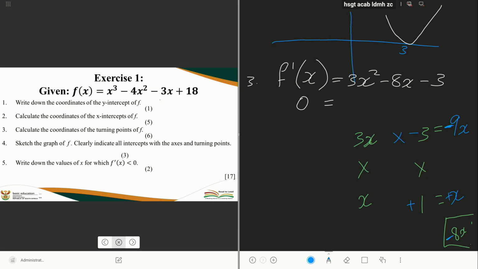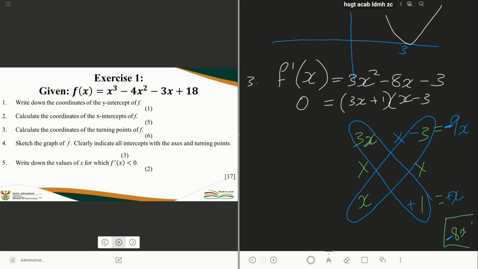So my factors are 3x plus 1 and x minus 3.